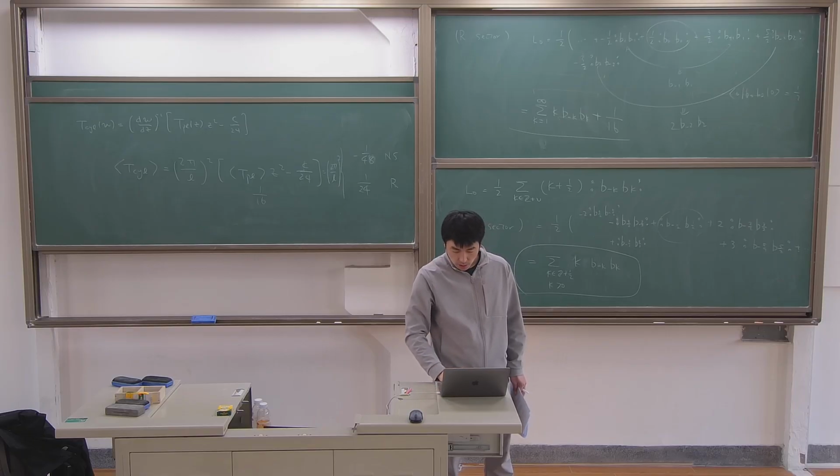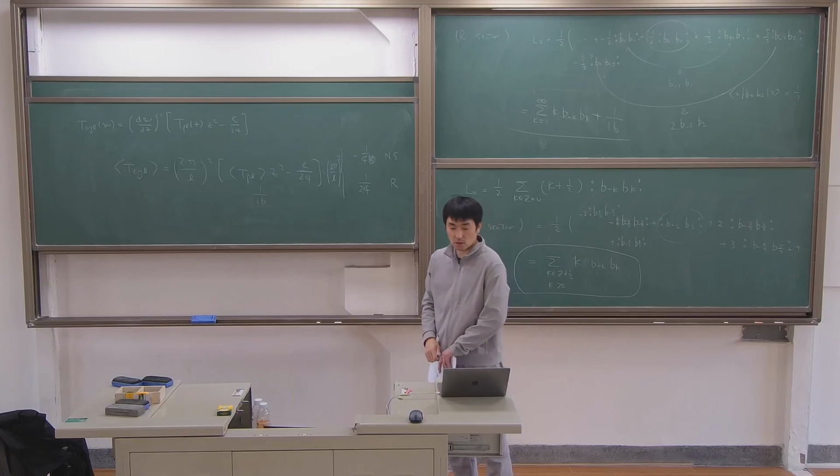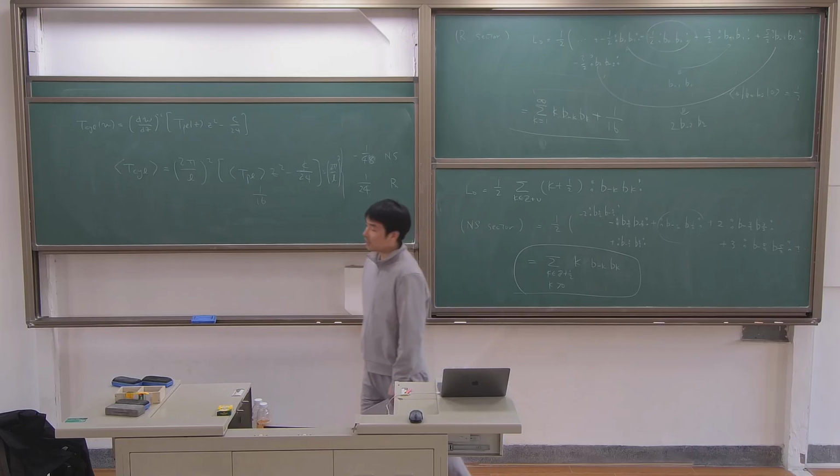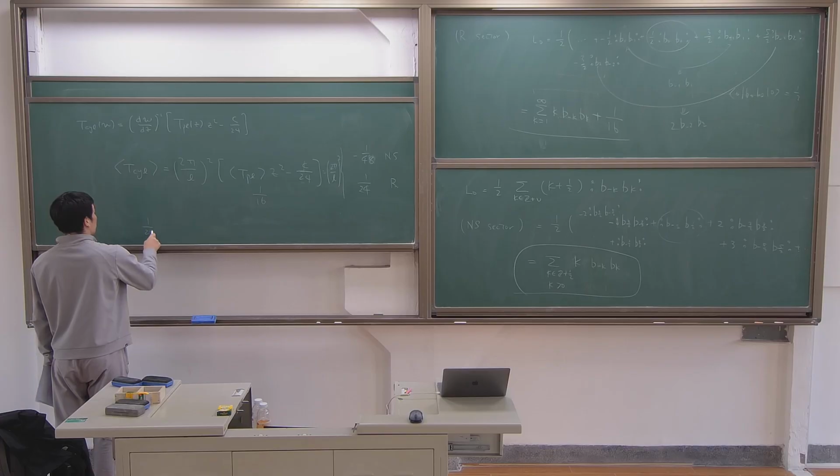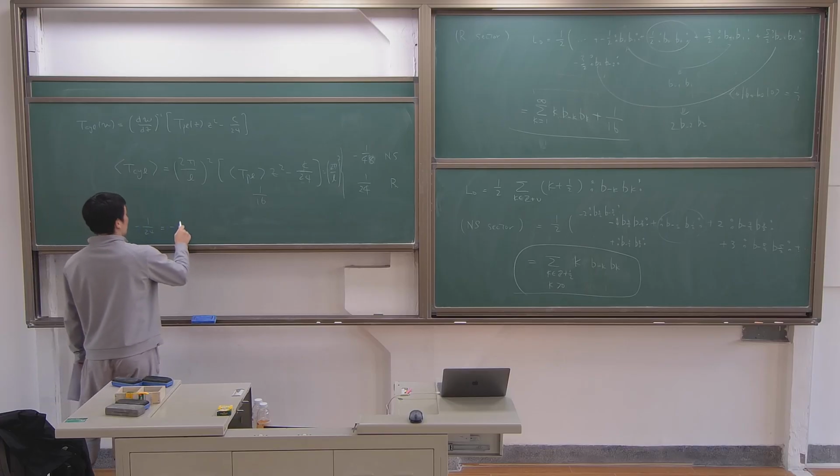So essentially, to get the 1/24, that's how we usually derive it: 1/2 sum over n running from 1 to infinity.